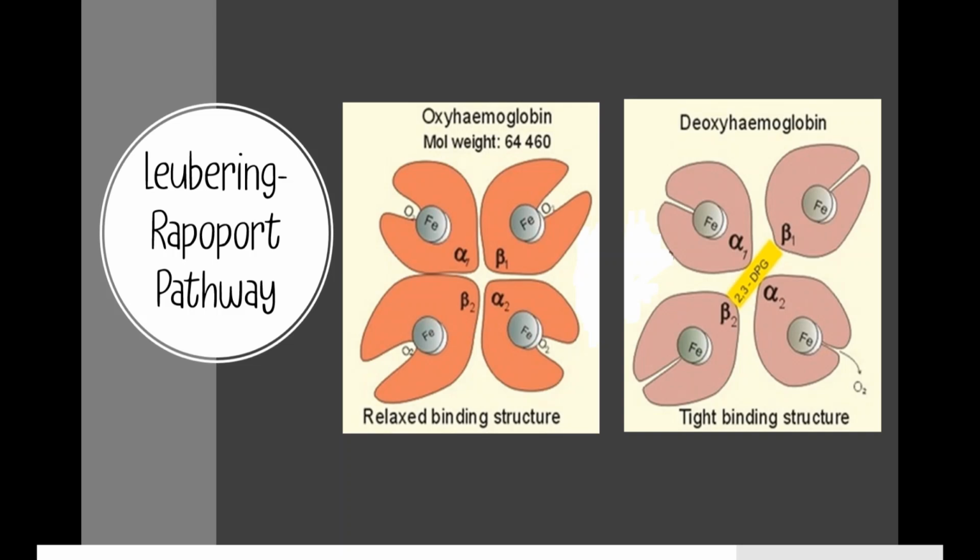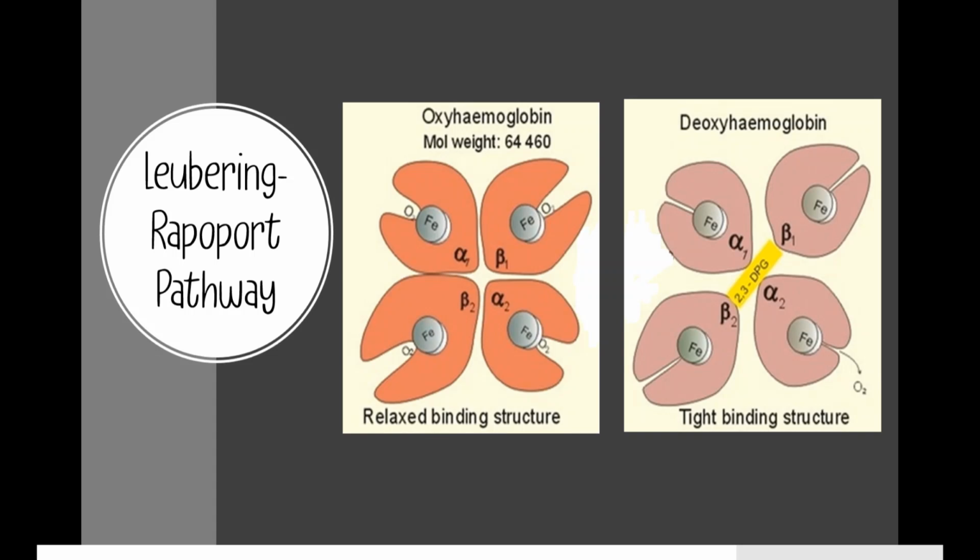So that's when 2,3-DPG comes in. Your 2,3-DPG will interrupt the affinity of hemoglobin to oxygen. In other words, 2,3-DPG decreases the affinity of hemoglobin to oxygen. When hemoglobin has low affinity for oxygen, it can readily release oxygen into the tissues.